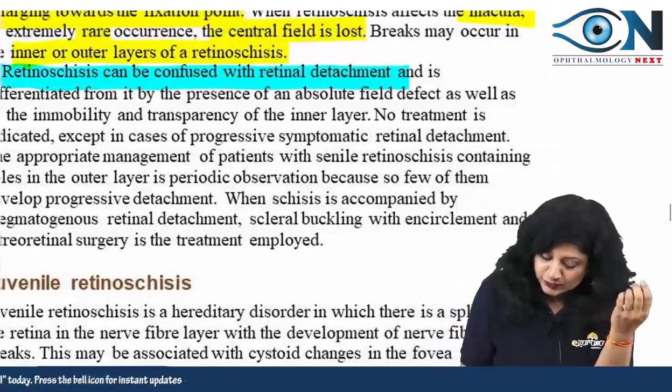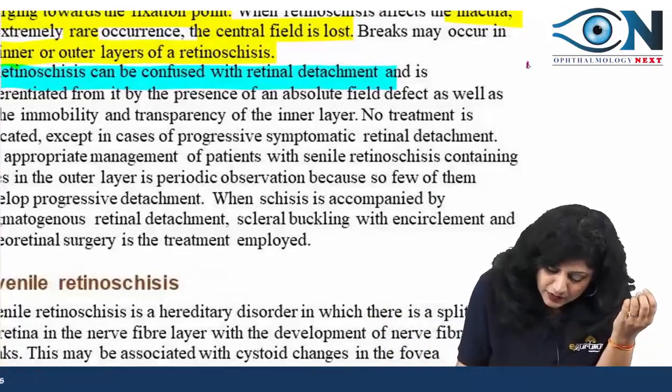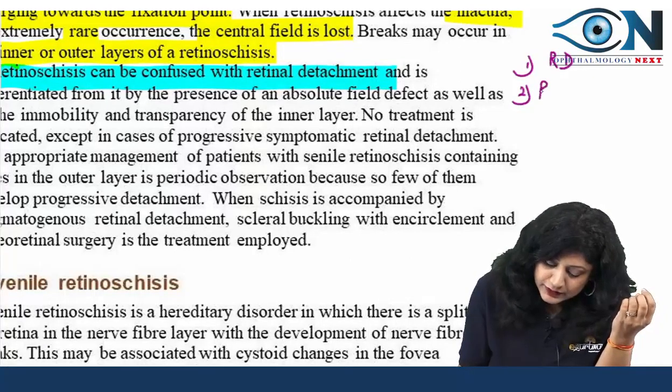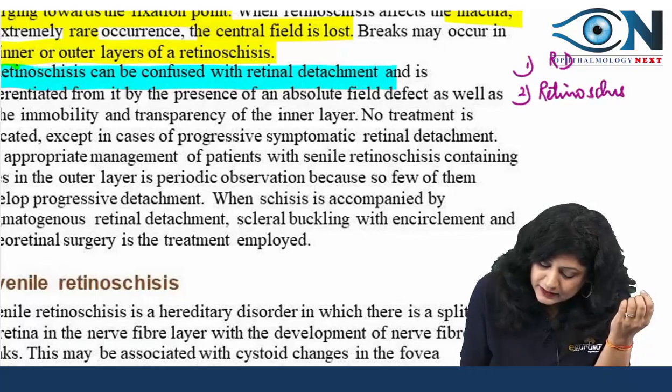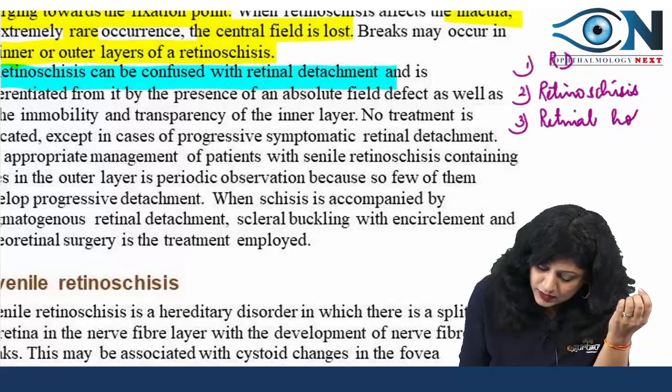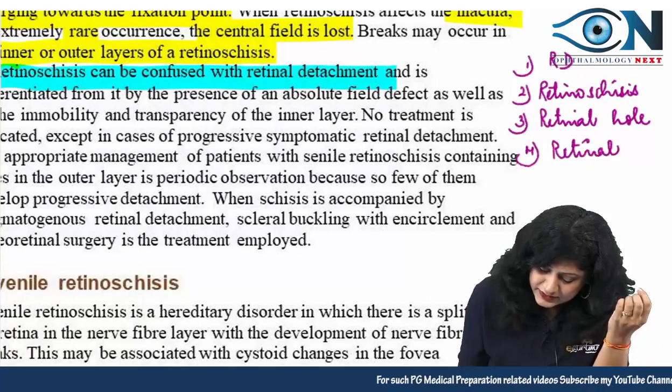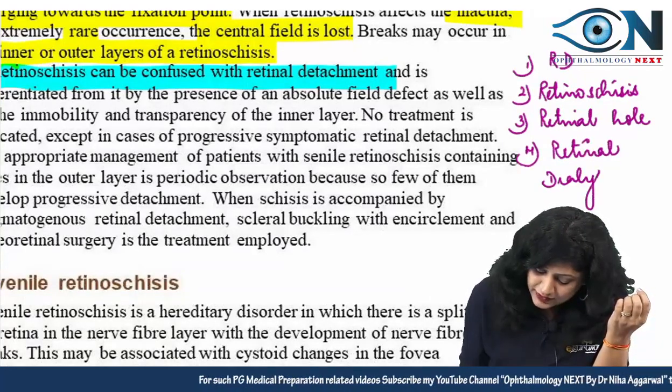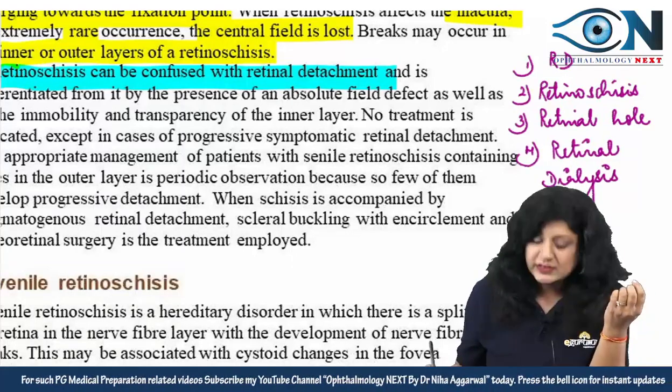Usually you get four things there. Again remember, one, you can have an RD. Number two, you can have the retinoschisis. Then I can have a retinal break or a retinal hole, and number four, I can have the retinal dialysis, detachment from the root.